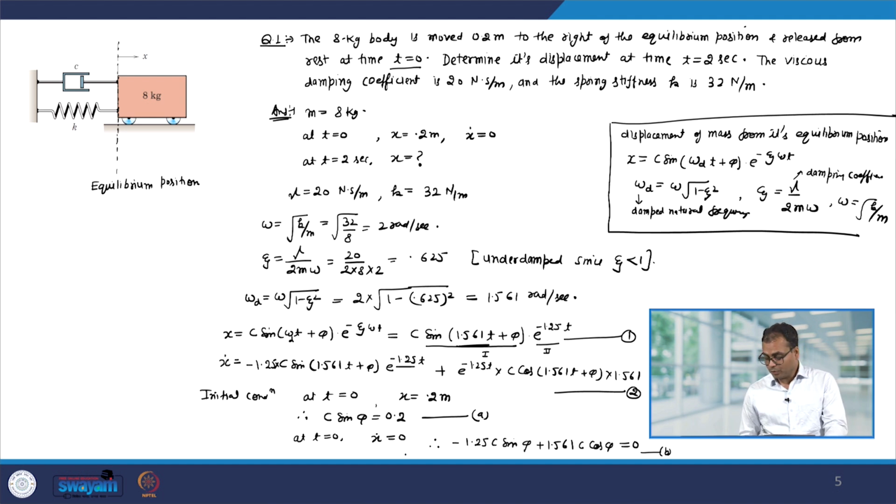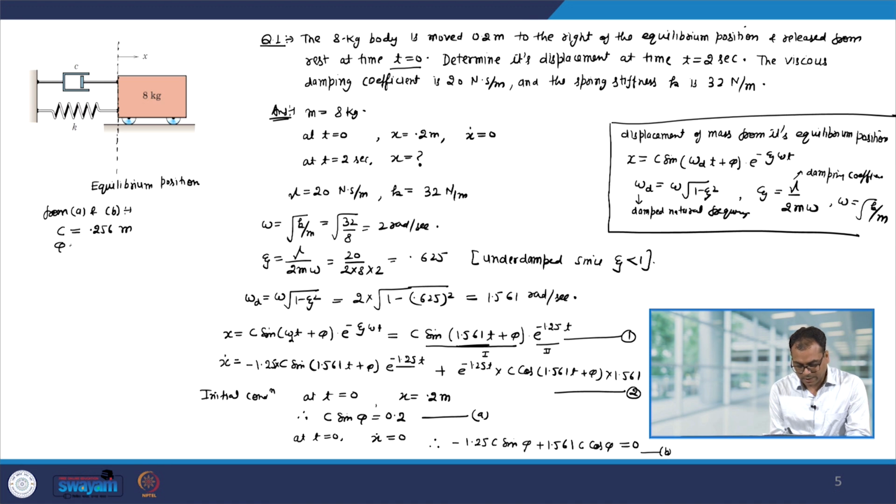Now, there are two equations A and B, and there are two unknowns, c and phi. So, from A and B they can be found out, and it comes out that c is equal to 0.256 meter and phi is equal to 0.896 radian. Okay. Let us put these values of c and phi to find out how x varies as a function of t.